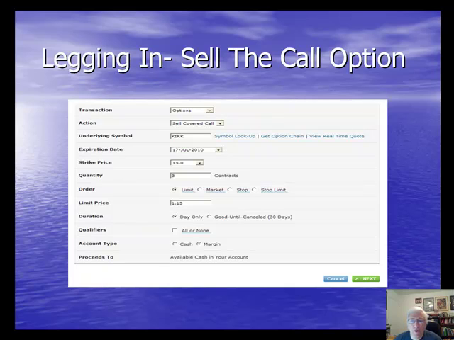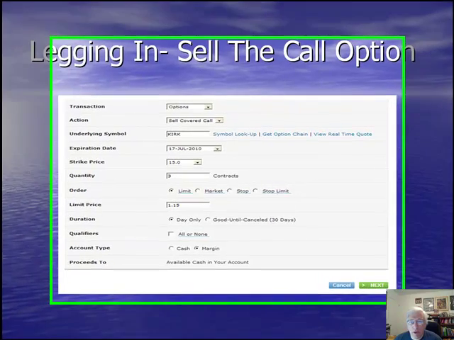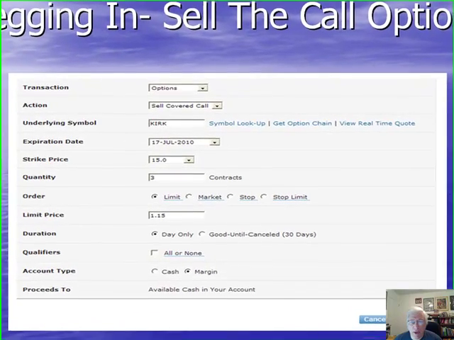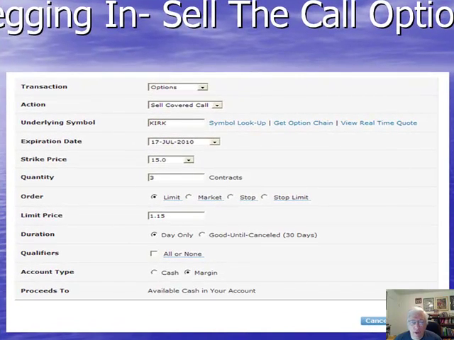So in this case, the transaction and action is to sell a covered call option. The underlying symbol is placed and the expiration date. The strike price is put in with the number of contracts. Since we bought 300 shares, we could sell 3 contracts. Now the order, you see, I checked limit order.